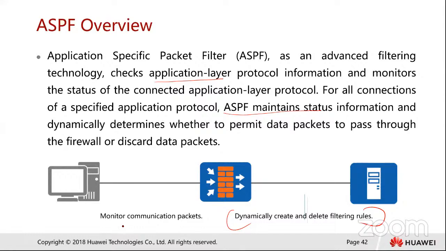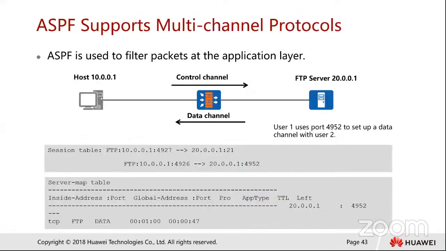It is for multi-channel protocols, and it helps us to monitor communication packets. It maintains information about connections in its own data structure and uses that information to create temporary rules. That is ASPF, and ASPF supports multi-channel protocols.